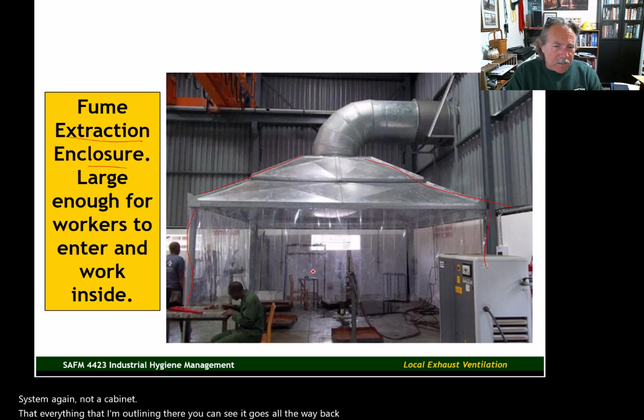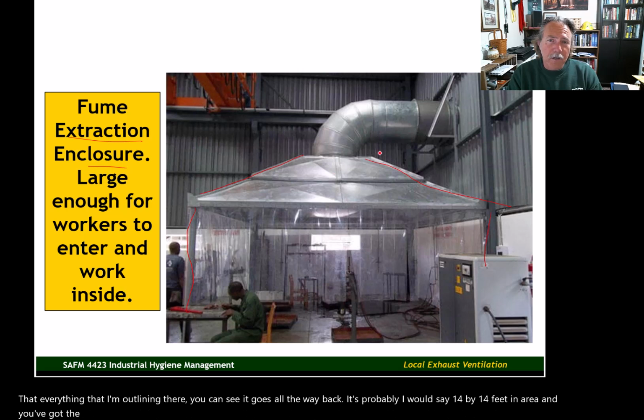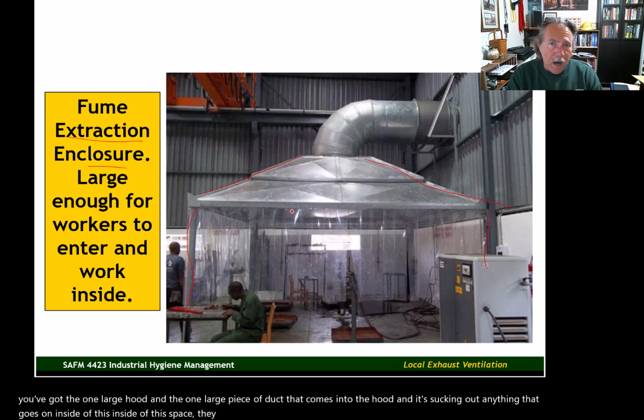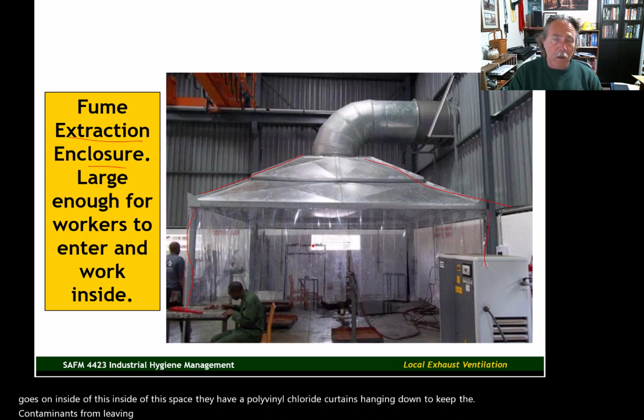It's probably, I would say, 14 by 14 feet in area, and you've got the one large hood and the one large piece of duct that comes into the hood, and it's sucking out anything that goes on inside of this space. They have polyvinyl chloride curtains hanging down to keep the contaminants from leaving this enclosed area.